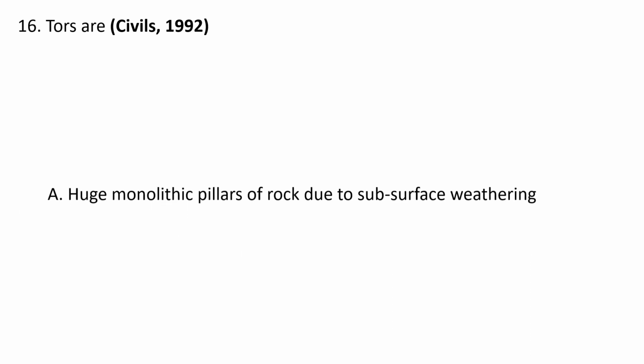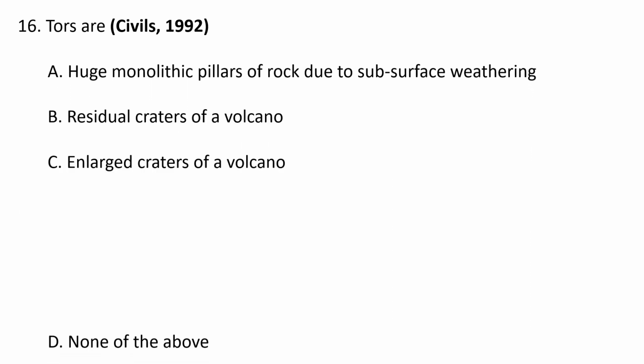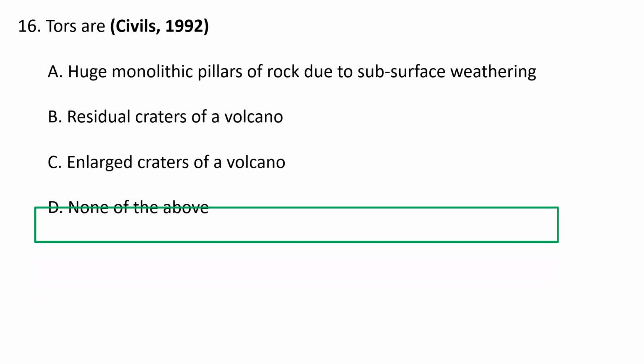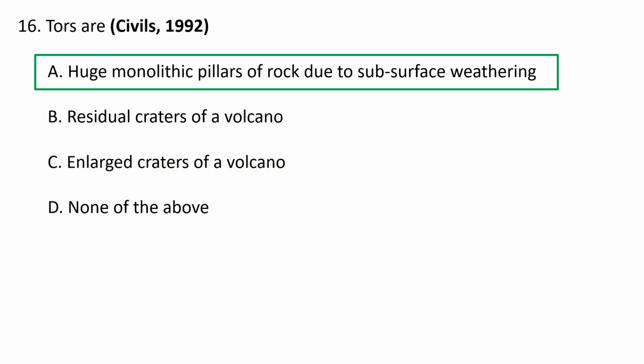Next question. Tors are A. Huge monolithic pillars of rock due to subsurface weathering. B. Residual craters of a volcano. C. Enlarged craters of a volcano and D. None of the above. So tors are landforms, monolithic pillars of rock formed due to subsurface weathering.